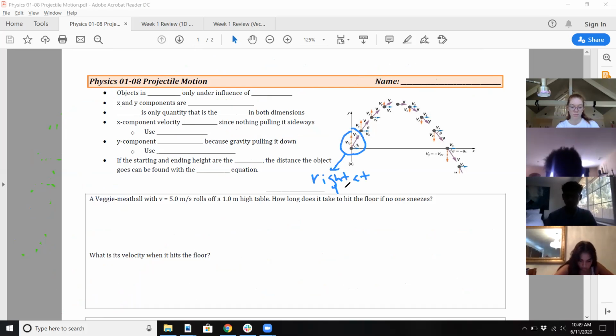This is right at launch. You have your velocity, and you have your velocity in the x direction and your velocity in the y direction. Now let's take a look at the peak.